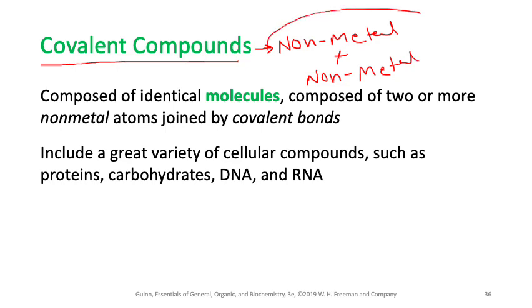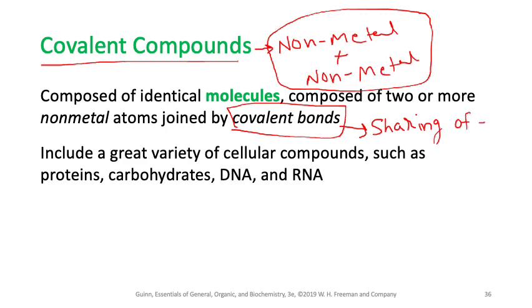Whenever you have this condition, that means you are making a covalent compound, right? And which kind of bond will you have? Covalent bond. And what is a covalent bond? Covalent bonds are normally formed by sharing of electrons.